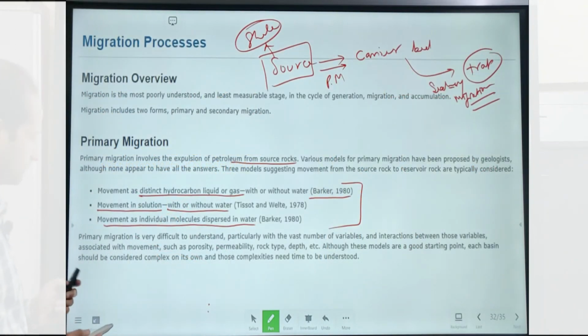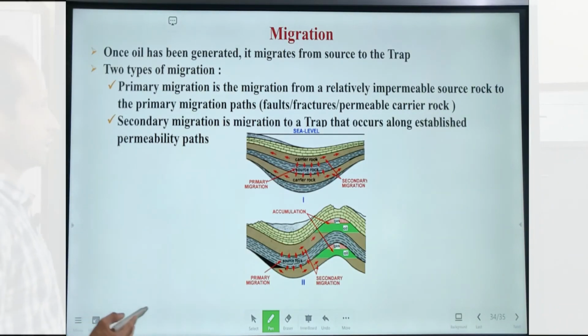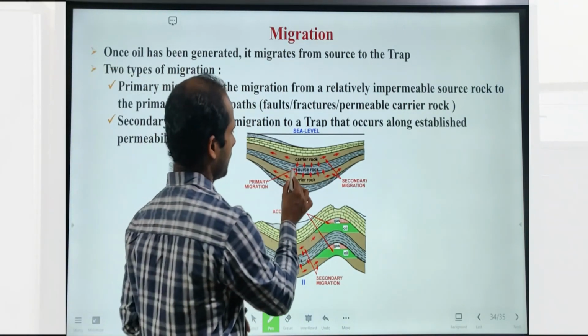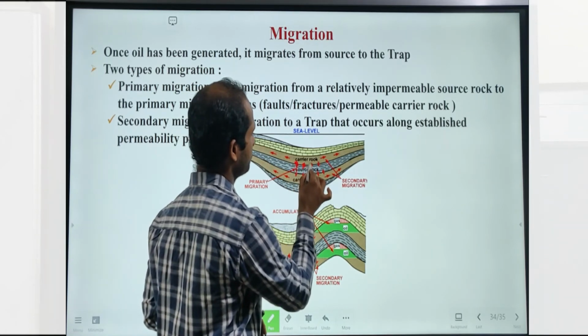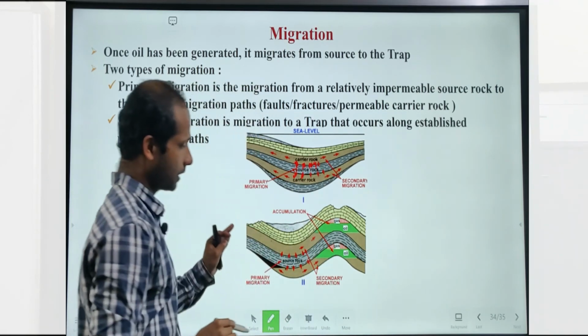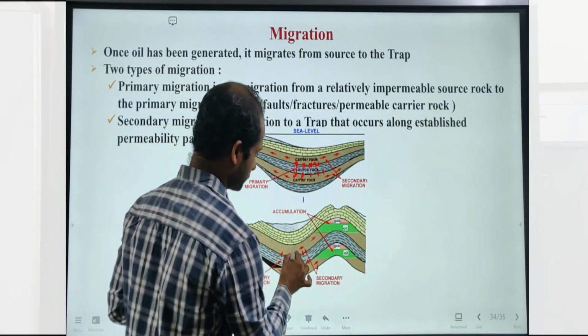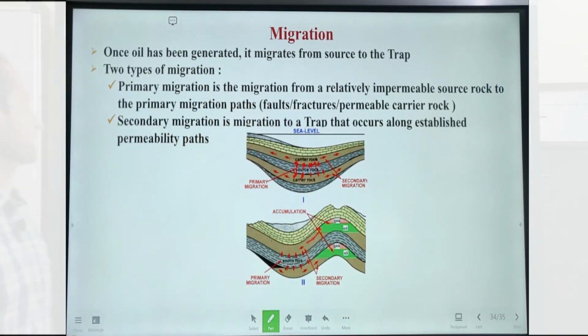The next comes secondary migration. What is secondary migration? As this picture demonstrates, the movement of hydrocarbon from the source to the carrier bed we call primary migration, and the movement of this hydrocarbon from the carrier bed to the trap we call secondary migration.